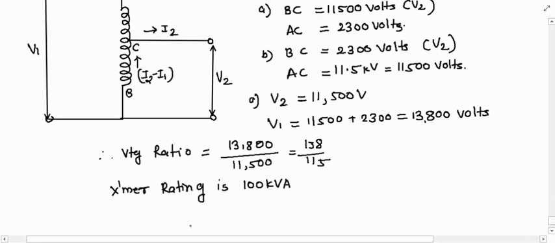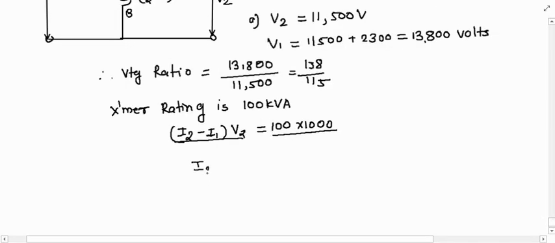So I can write from this, on the secondary side, what is the current? (I2 minus I1) into V2 equals 100 kVA. I will convert that into volt ampere. So I2 minus I1 equals 100,000 divided by V2.